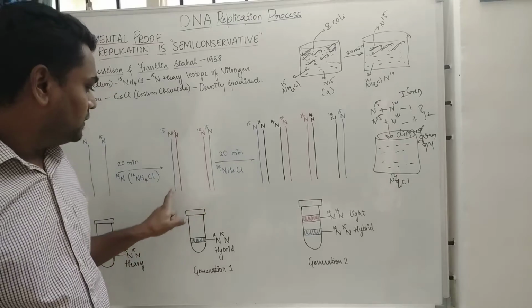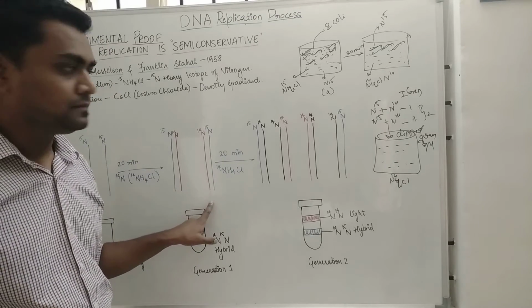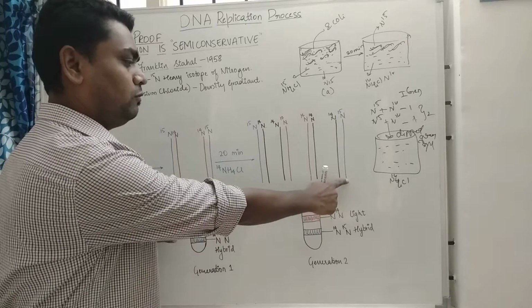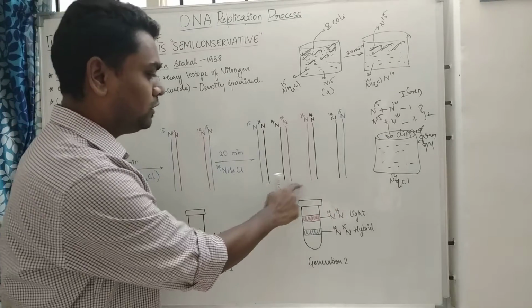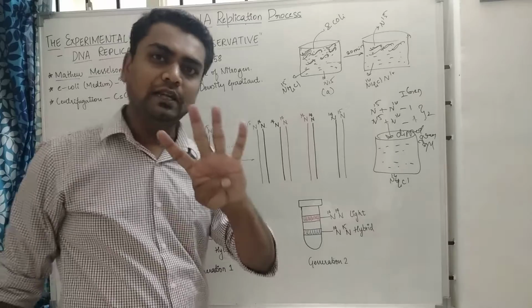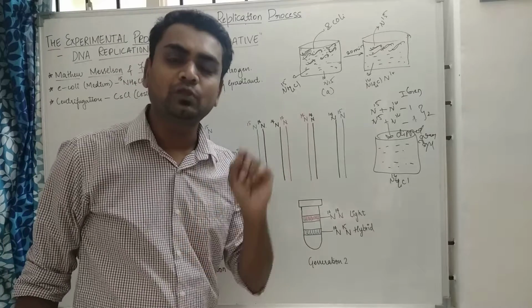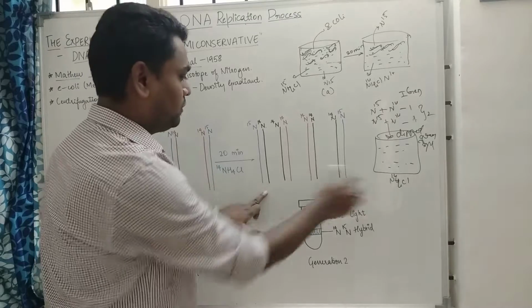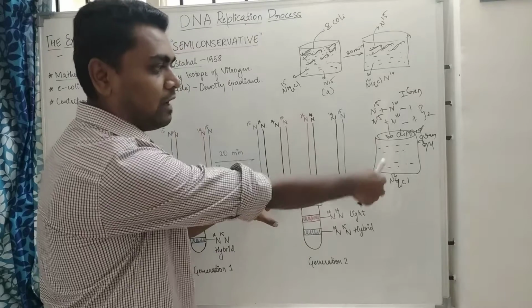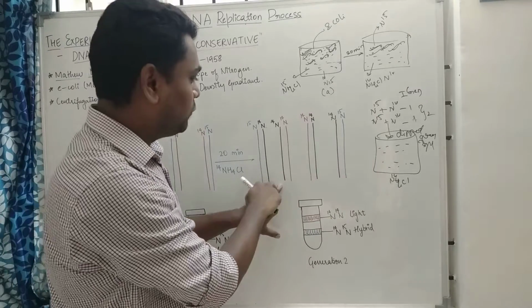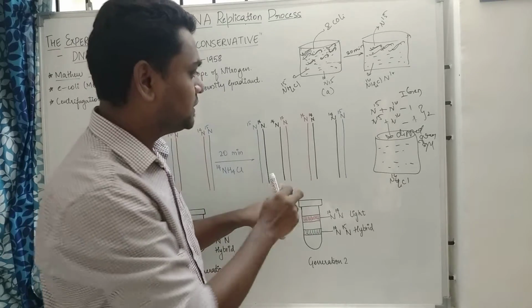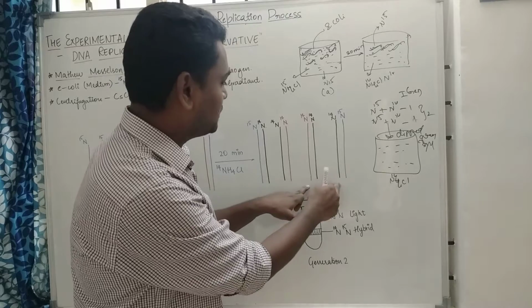See here, these four strands have to separate: one blue, one blue, one red, one red, total two red and two blue. The four strands separated, and I need a complementary strand for each to synthesize new strands. Because I dipped it in the NH4 medium, that is the new synthesis. New strands have to be synthesized, and everything is N14, N14, N14.